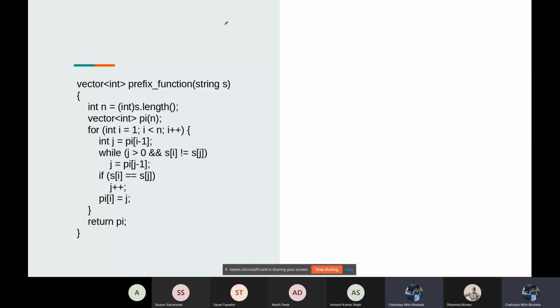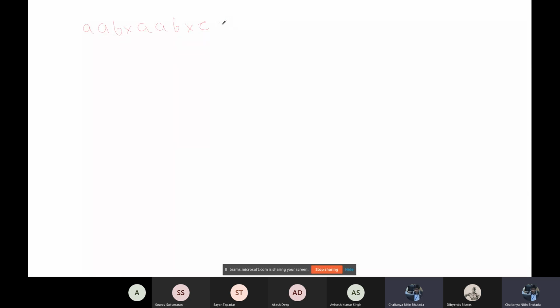Suppose the string is aabx, aabx, c, aabx, aabx, a, y. Suppose this is the string given. Now I will calculate the values of pi at each position.